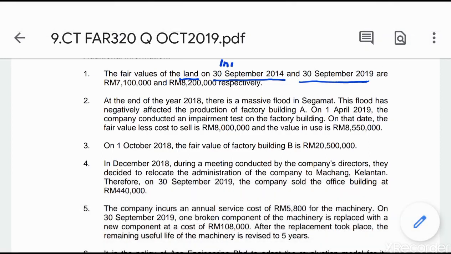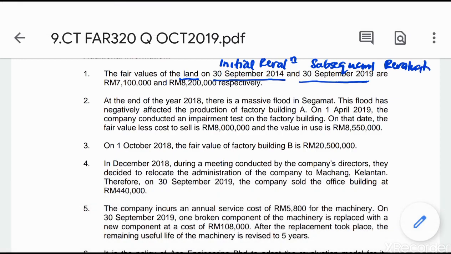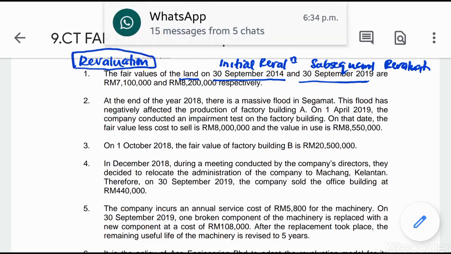So this one is your initial revaluation, whereas this one is your subsequent revaluation. So that has to be treated accordingly. And this one is actually about revaluation, the first one here, number one.